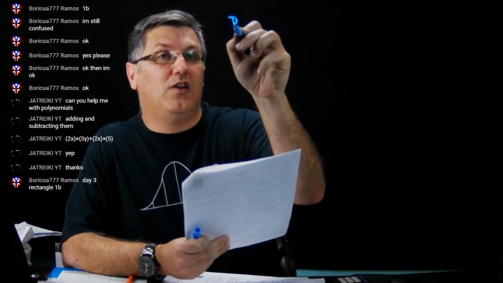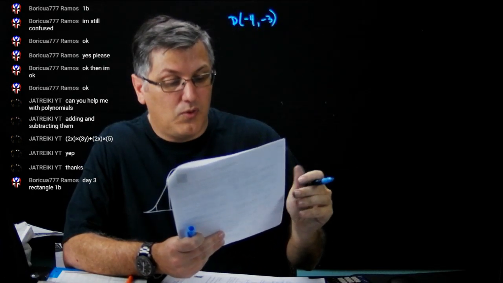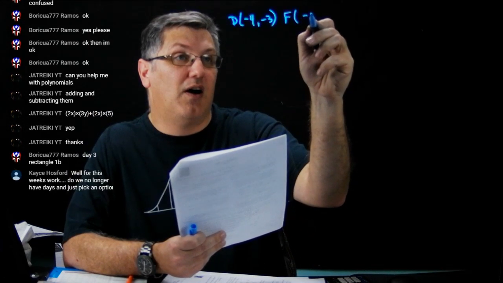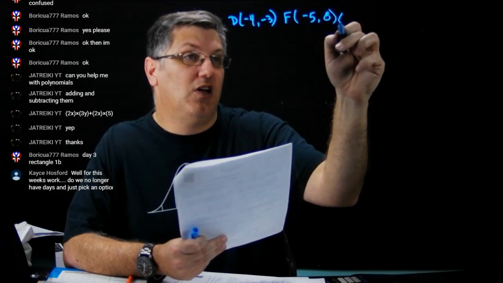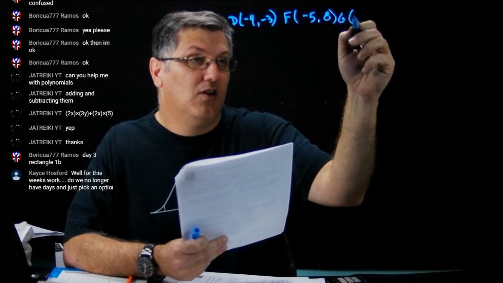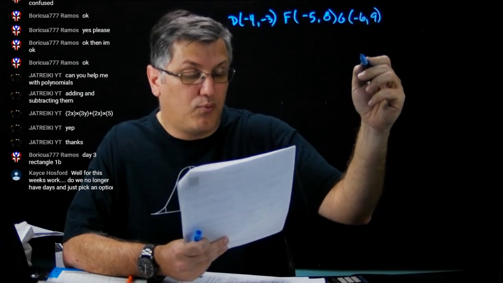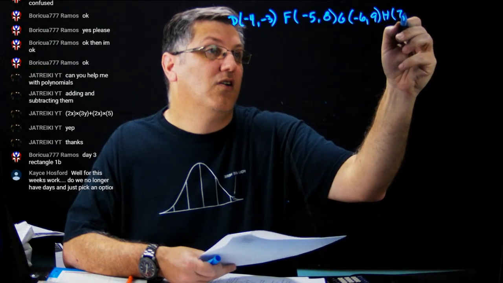We have point D, which is -4, -3. We have point F, which is -5, 8. We have point G, which is -6, 9. And then we have point H, which is 7, -2.